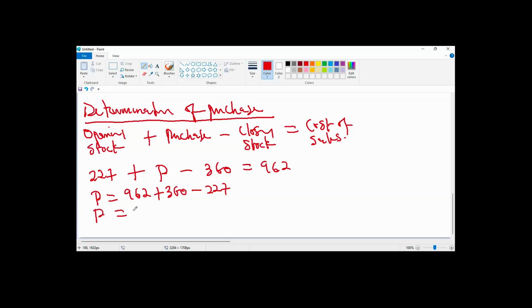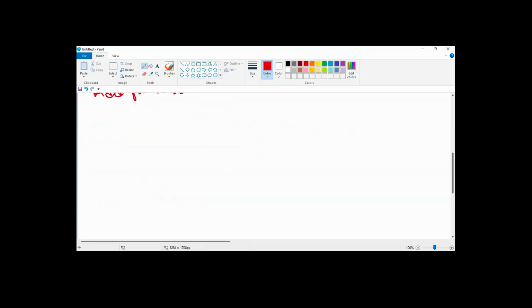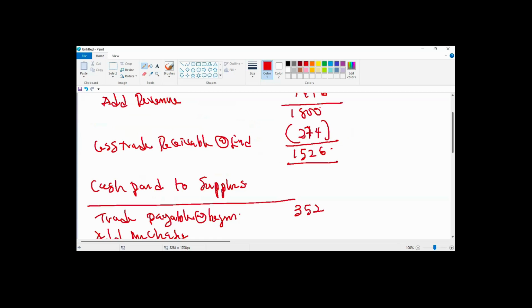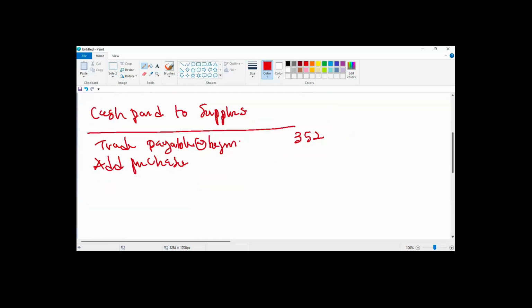I will now make purchases the subject: purchases equals 960 plus 360 minus 227. So what is my purchases now? 1095. I will now add 1095 to my trade payable at the beginning, 352. That gives 1447.